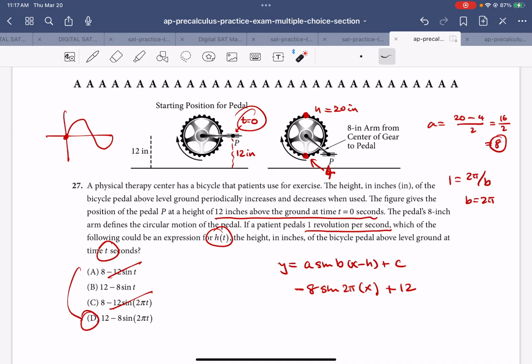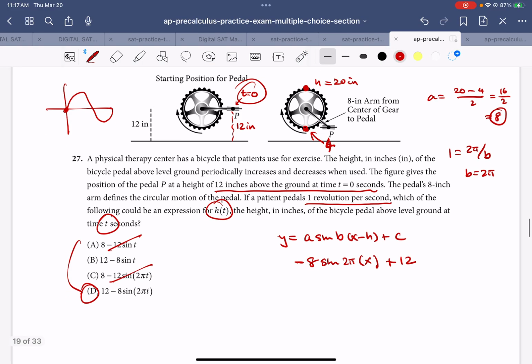So actually, if I sketch the graph correctly, let's say you have 12 here, and here you go down, you subtract 8, which is 4, and you add 8, 20, right? And the period is 2 pi over 2 pi, which is 1. So let's say 1 second here, that's the period, and this is half a second.